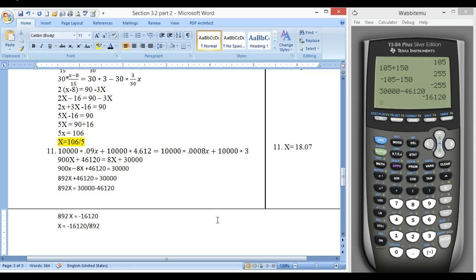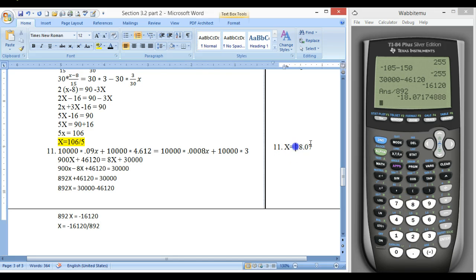If you know how to change it from what you've gotten to the decimal, or if you have the decimal and you change it to the fraction or the mixed number, then you're fine, because on the test they're all multiple choice. And so you can just find whichever one matches. Okay, enter, and 18.07, and I seem to have forgotten my negative sign in here.